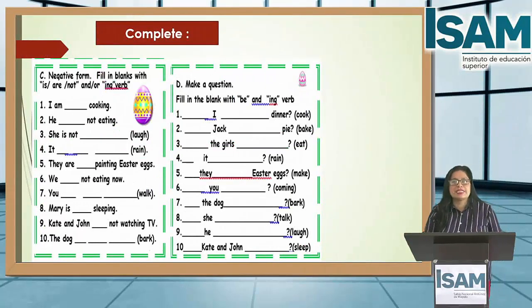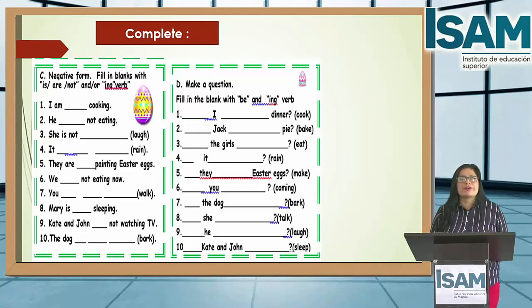Okay, now complete. Negative verb, fill in the blanks with is, are, not, and, or ing verb, right? For example, number 1, here student is negative verb, I am not. ¿Qué es lo que te falta ahí?